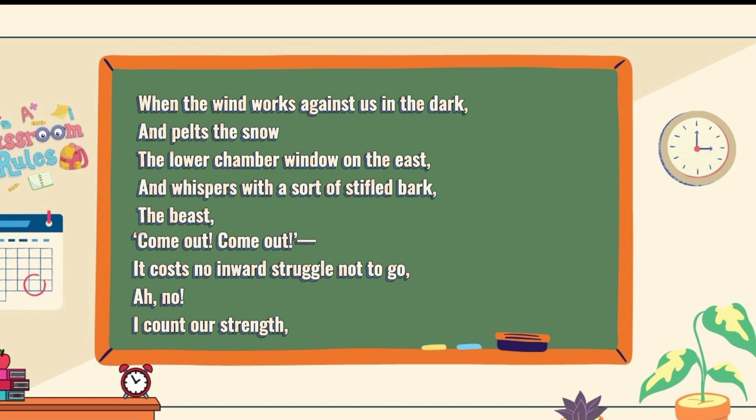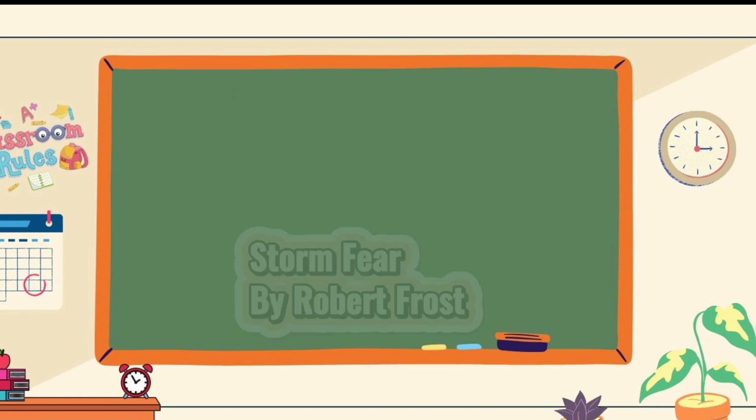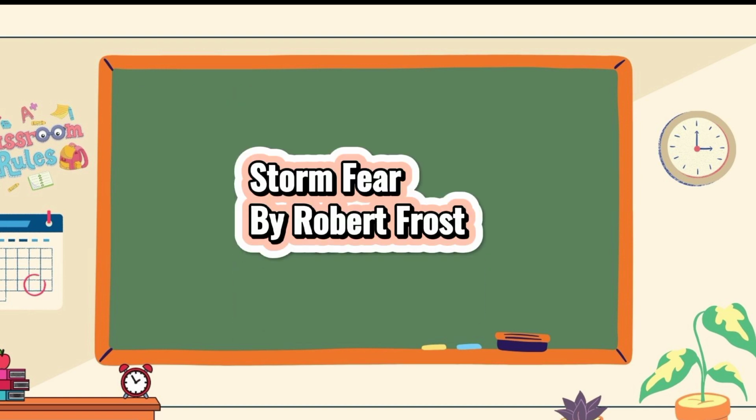Ah no, I count our strength, two and a child, those of us not asleep, subdued to mark how the cold creeps as the fire dies at length, how drifts are piled, dooryard and road ungraded, till even the comforting barn grows far away, and my heart owns a doubt whether this in us to arise with day and save ourselves unaided. Storm Fear by Robert Frost.